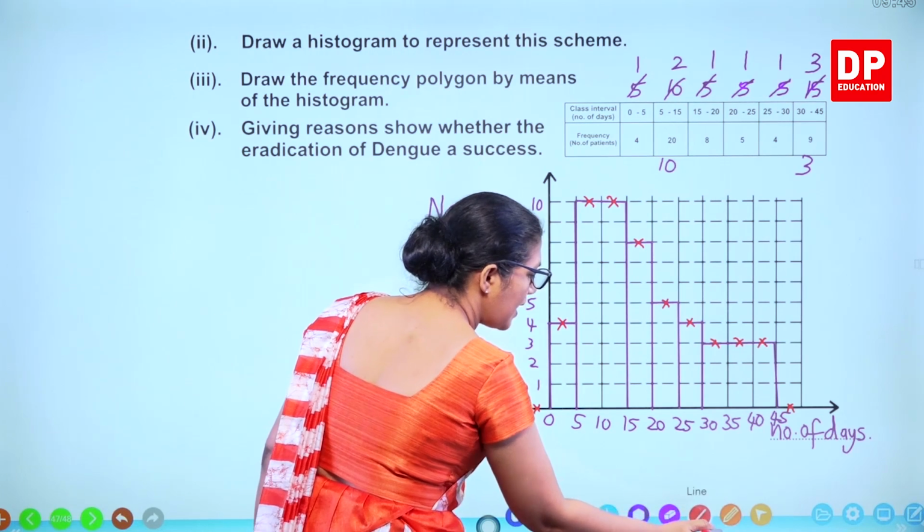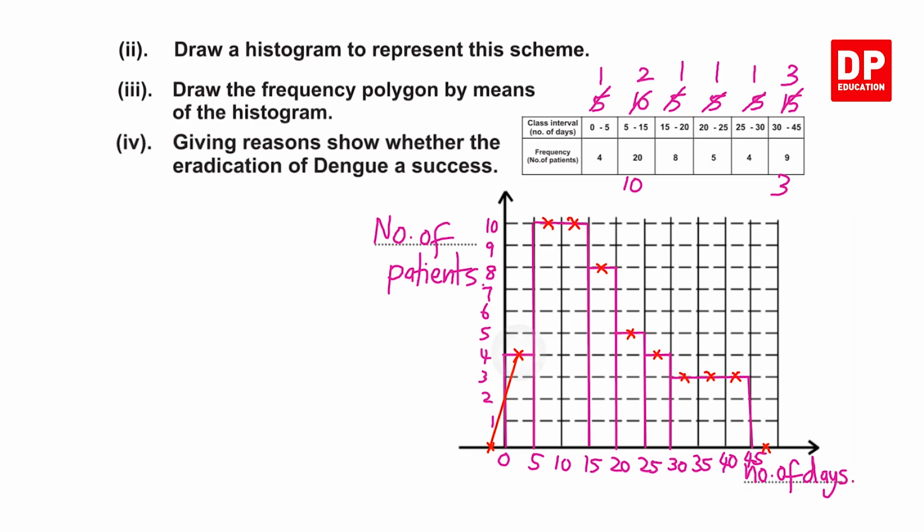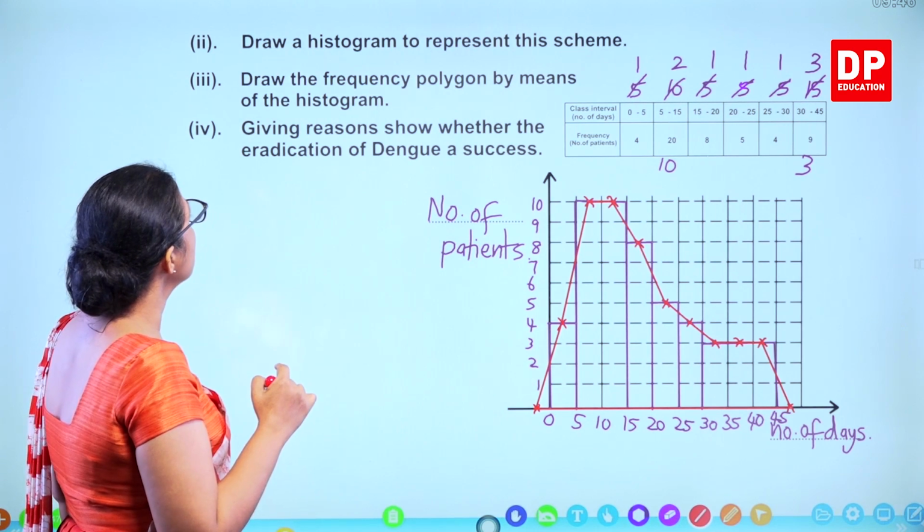Now you can connect all the midpoints with the ruler. That's the frequency polygon, and you have to complete the polygon, so you draw this line as well. So this is the frequency polygon.